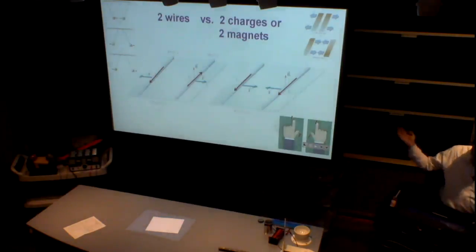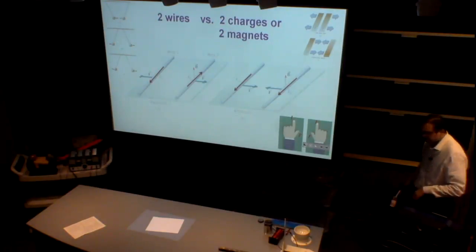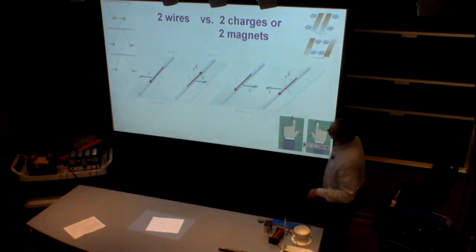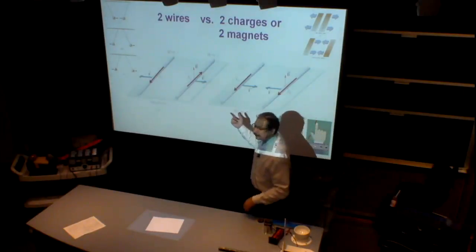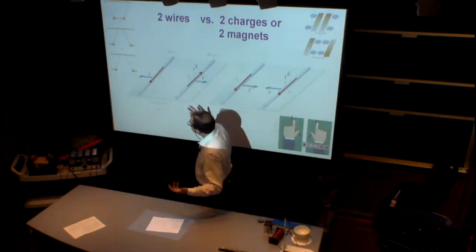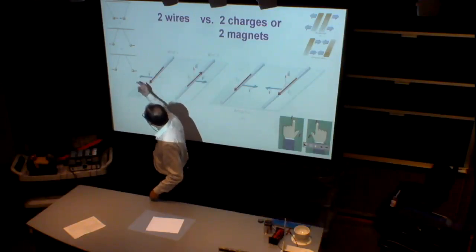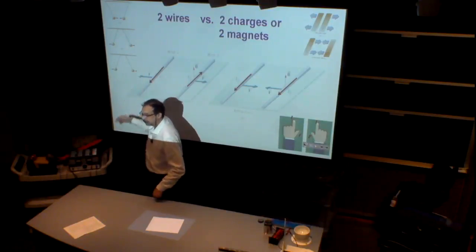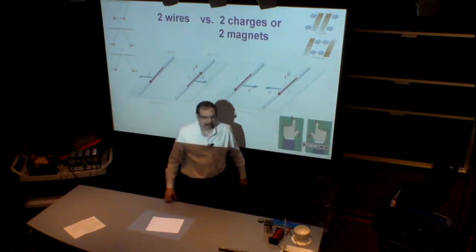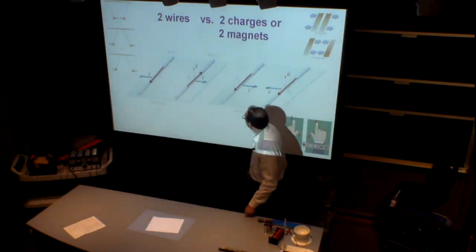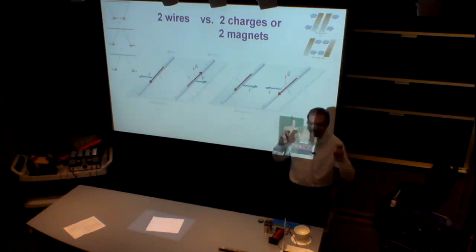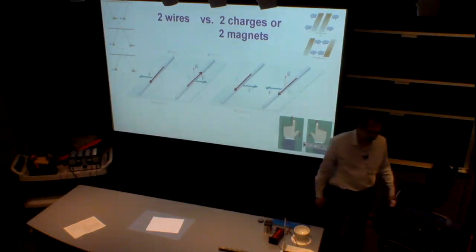And of course, we have the slide. So this is a demonstration of a kind of difference in terminology between charges and wires. Here, like charges repel each other, but for wires, like currents, yeah, parallel currents, they attract each other.